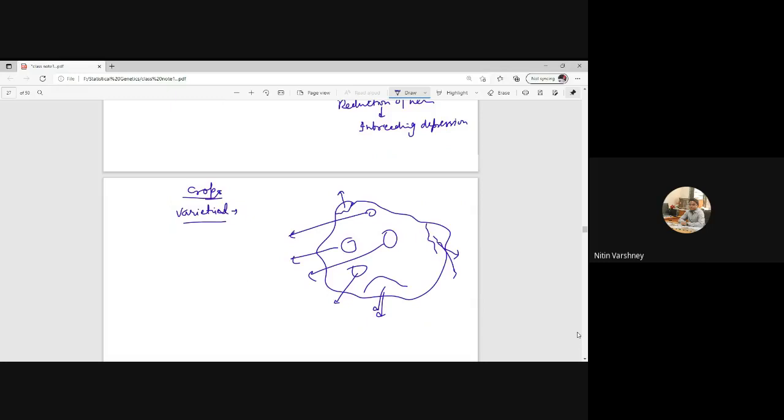Suppose I am doing research in the Dang district, South Gujarat, and I am working on a new variety of chili.